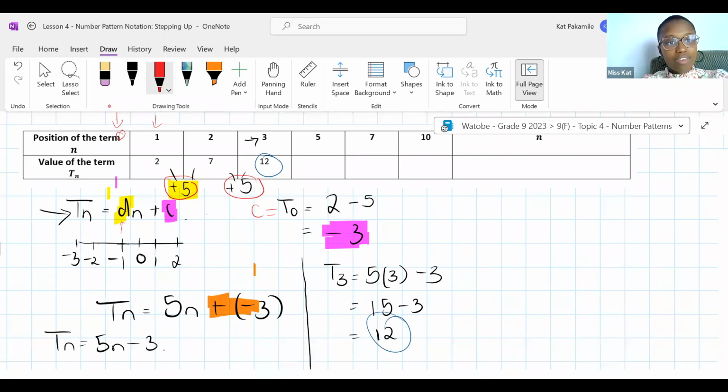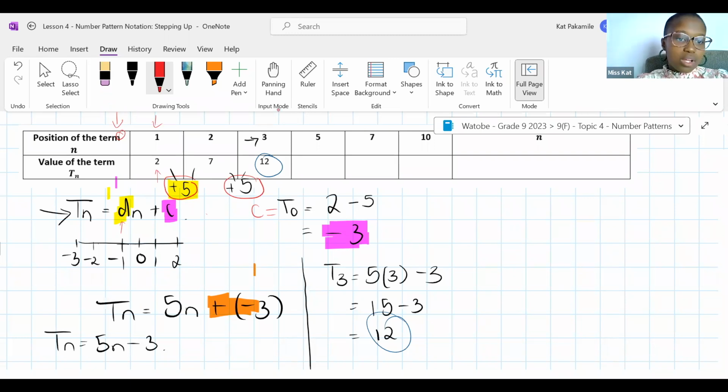We are adding 5 going to the next term, so if I go backwards, I have to do the opposite, which is subtract 5. That's why we said 2 minus 5 to figure out what T0 would be. That is negative 3, and I've highlighted them in the same color so you can see them.